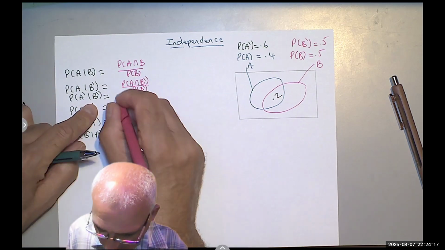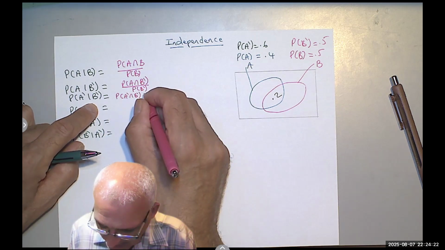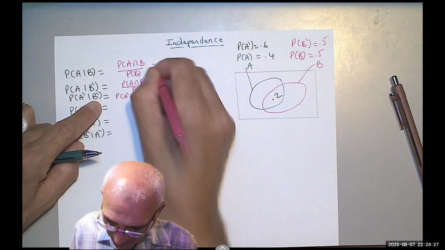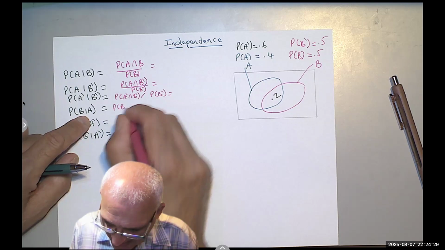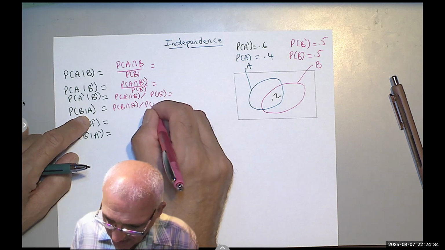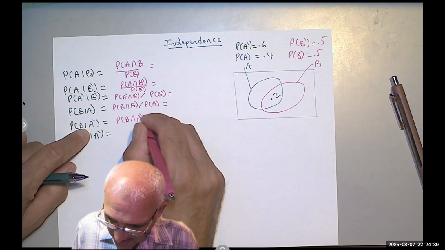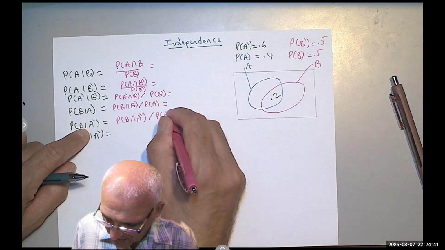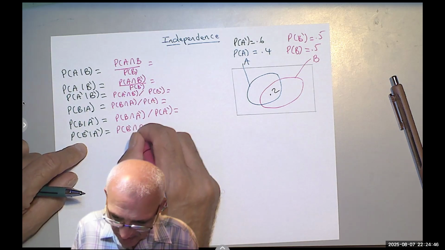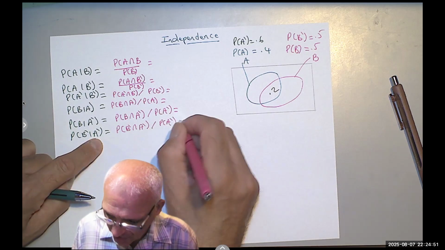I'm going to write it as the probability of not A and not B divided by the probability of not B. The probability of B and A divided by the probability of A. The probability of B and not A divided by the probability of not A. And the probability of not B and not A, or not A and not B, it's the same thing, but this time it's divided by the probability of not A.